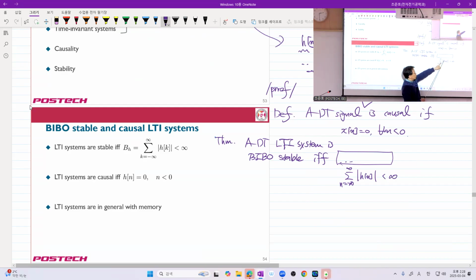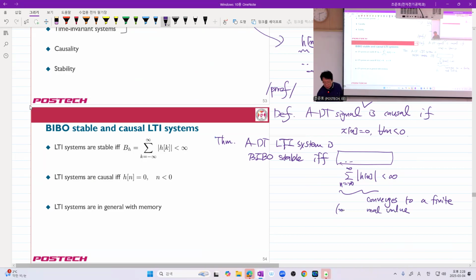And the summation of countably infinite non-negative values either converges or diverges to positive infinity. And this means that it converges. Okay? So this converges to a finite, non-negative real value.